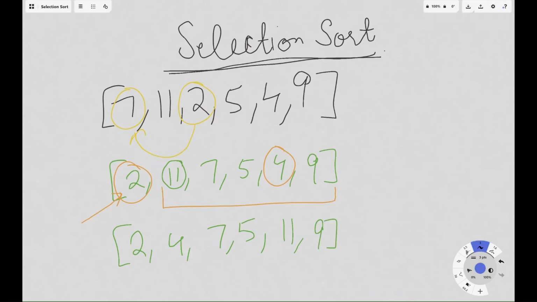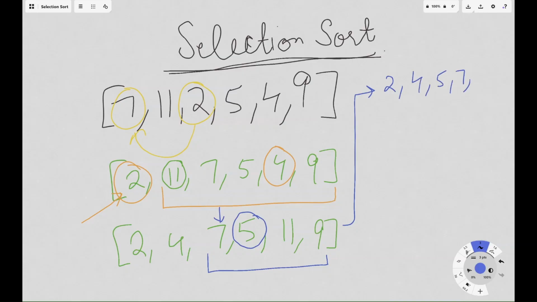Now again we will consider this as the subarray and pick the smallest element, 5, and swap it with the first element, so the array will become 2, 4, 5, 7, 11 and 9.